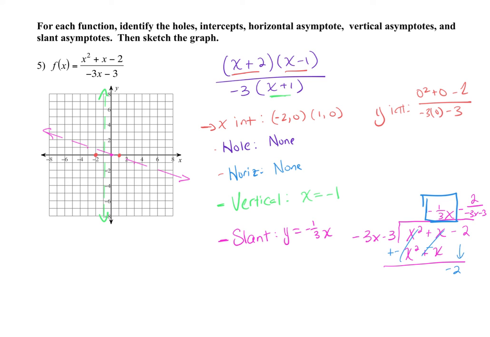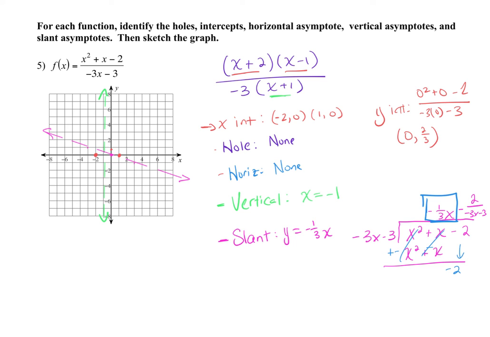What do you end up with? -2 over -3. So your y-intercept is 2/3. So that actually tells you you're going to cross your y-axis around 2/3. Okay? Does that make sense? Y-intercept, where you cross your y-axis.